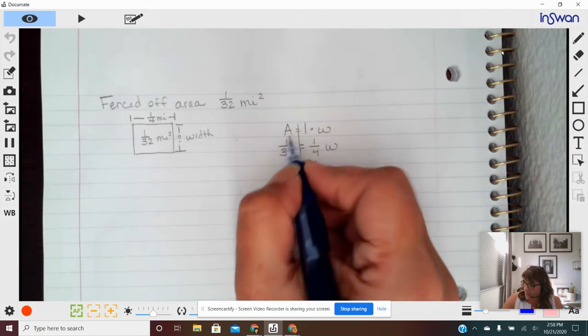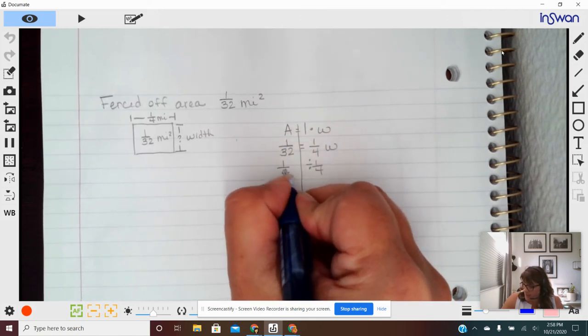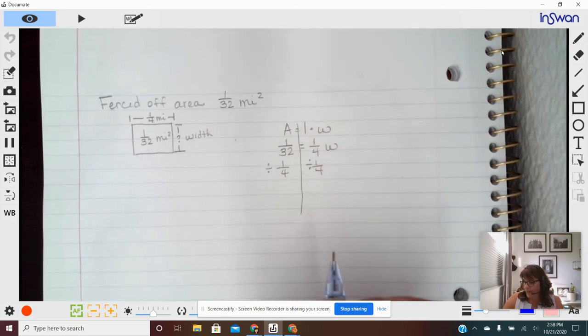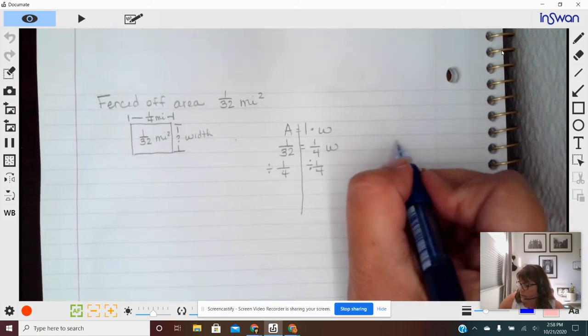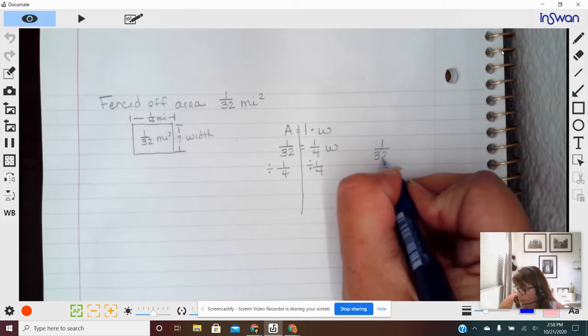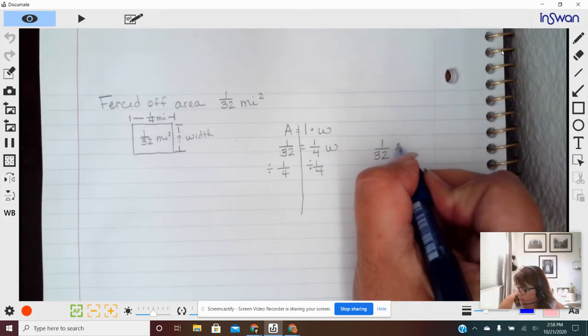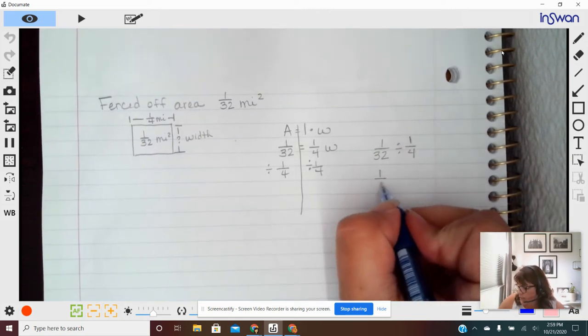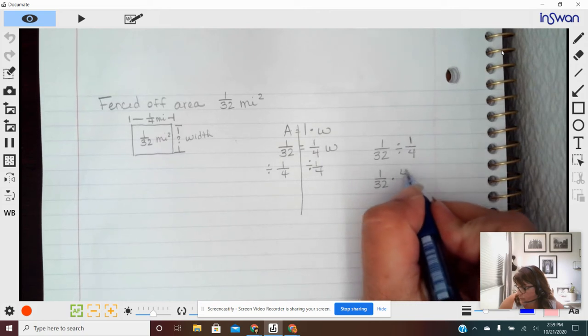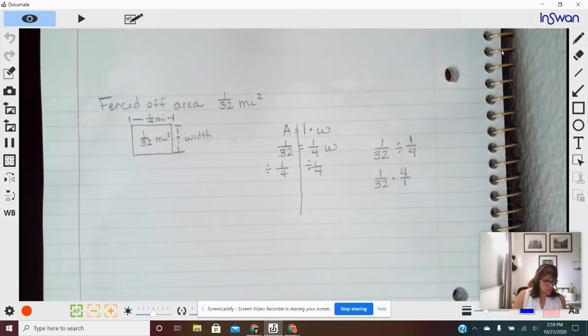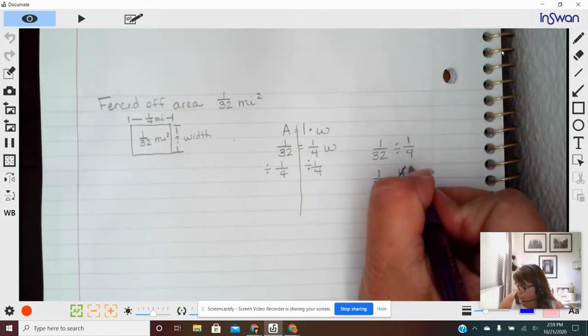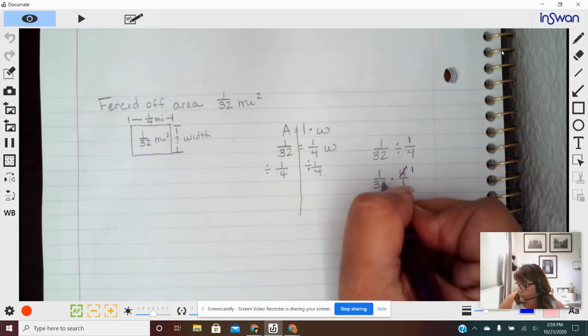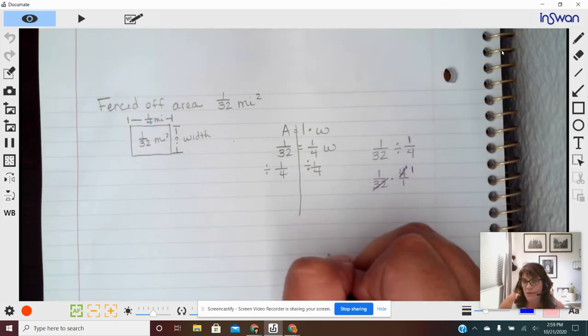If I divide 1/32 by 1/4, well, that's a whole different answer, isn't it? So 1/32 divided by 1/4 is the same as 1/32 times 4/1. Now we can do a little simplification just to keep our lives better. 4 goes into 4 one time. 4 goes into 32. Think about it.